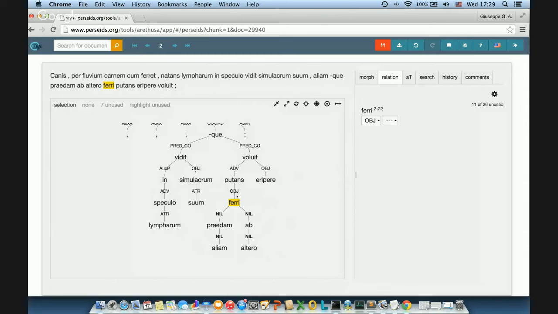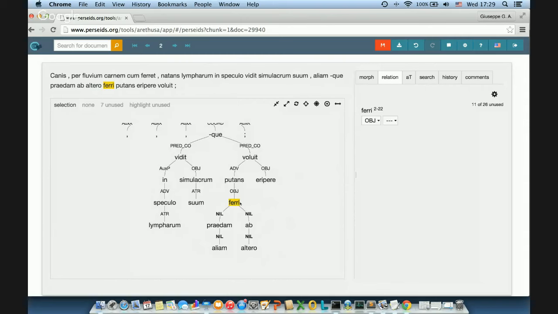I think something, okay, so if I say that I think that another prey was brought by another one, this entire clause functions as the object with respect to putans.